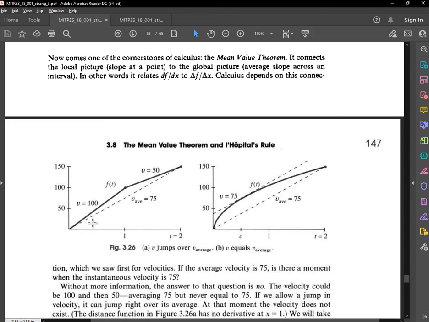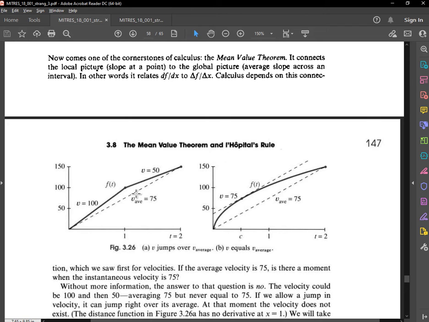Now, according to this graph, there are two legs of the journey. First leg, 100 velocity. Second leg, 50 velocity. What's happened here? Constant velocity and then a sudden change in velocity. Now, he started out going faster than the average velocity.